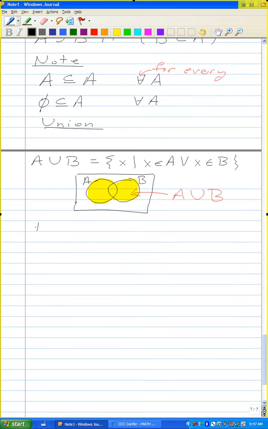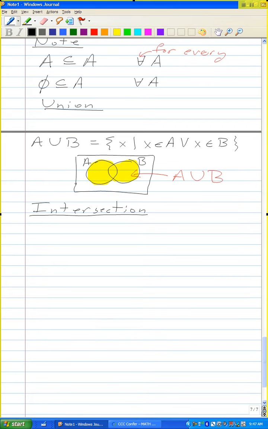Intersection. A intersect B is the set of all x such that x is in A and x is in B. I should say this is mathematical "or," and this is mathematical "and."